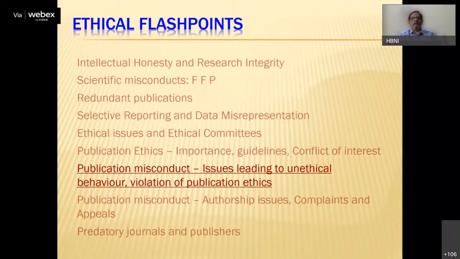Of course, those scientific misconducts carried out during the research methodology would also have an implication when a manuscript is written up at the end of that research activity and the analysis of the data. So they will have a direct bearing on publication misconduct also. Let's see how publication misconduct is defined and dealt with.